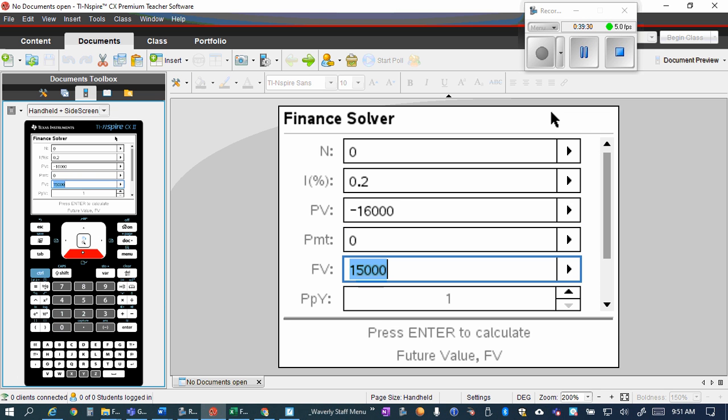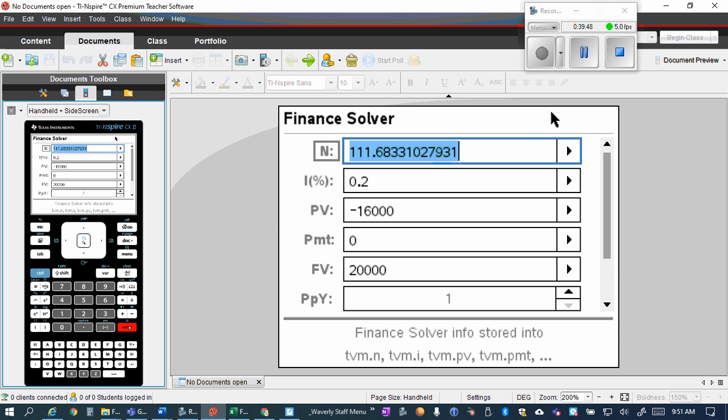And we want positive 20,000 at the end. So let's go back up. Remember, this N is where the T is kind of hidden, because we would have put 12 times 5, it's 5 years. So let's see what happens here. What do we get?